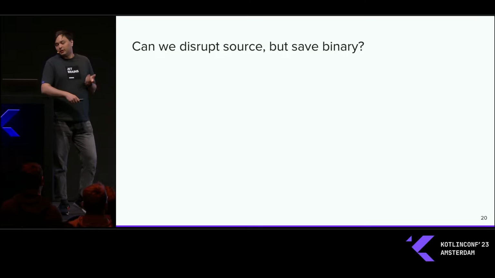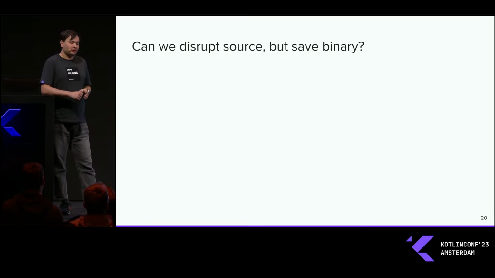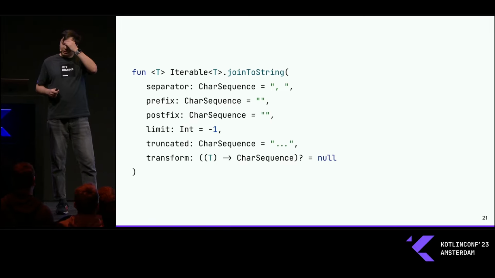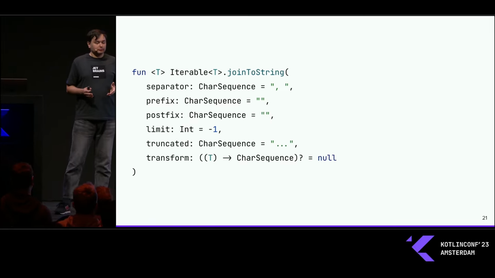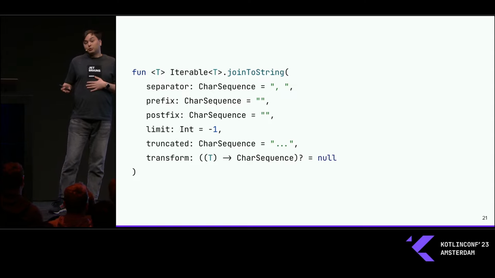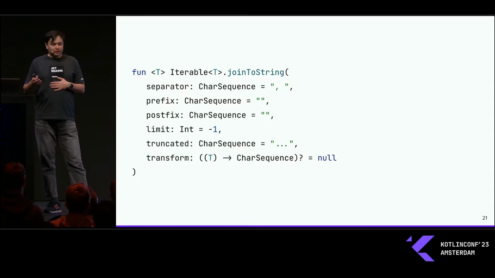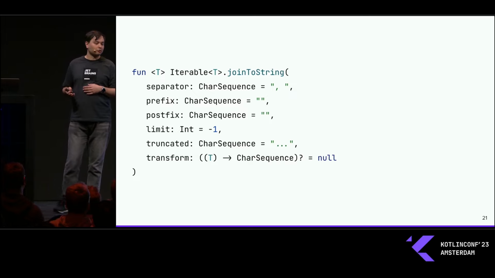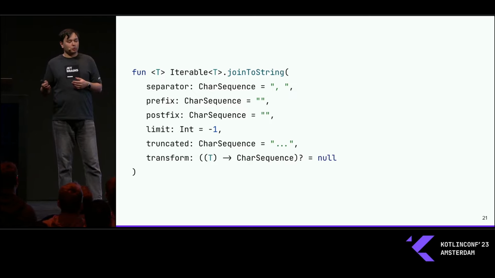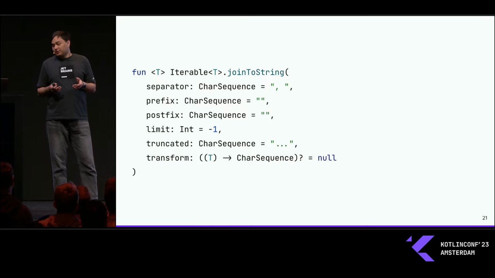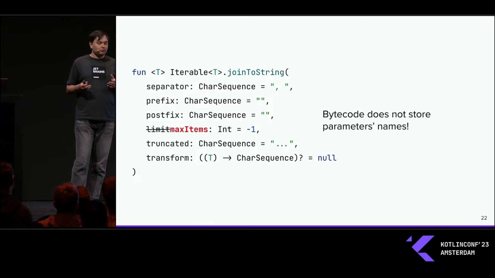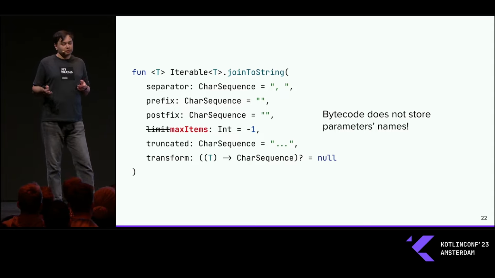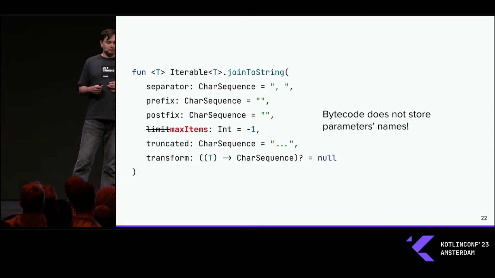So let's try to break source compatibility and save the binary one. It's pretty easy to do. Let's look at this function that is available in the Kotlin standard library, and it's called joinToString. It has a lot of parameters with default values, and one of them is limit. Let's imagine we have just decided to rename it into something nicer, like maxItems.